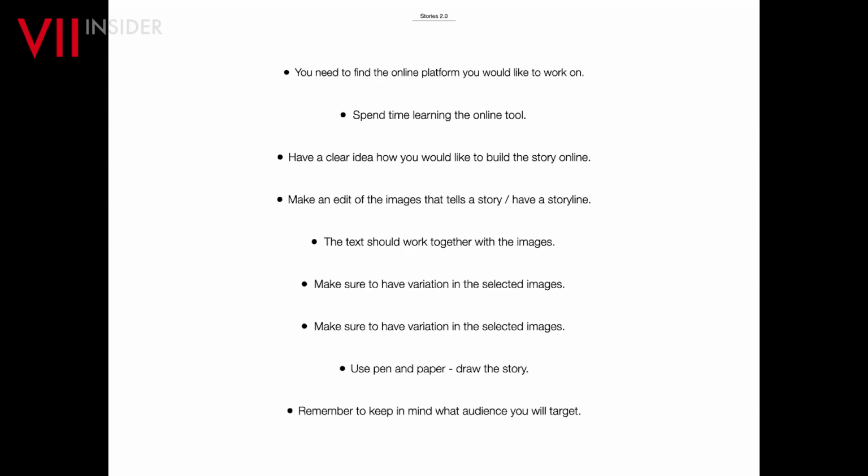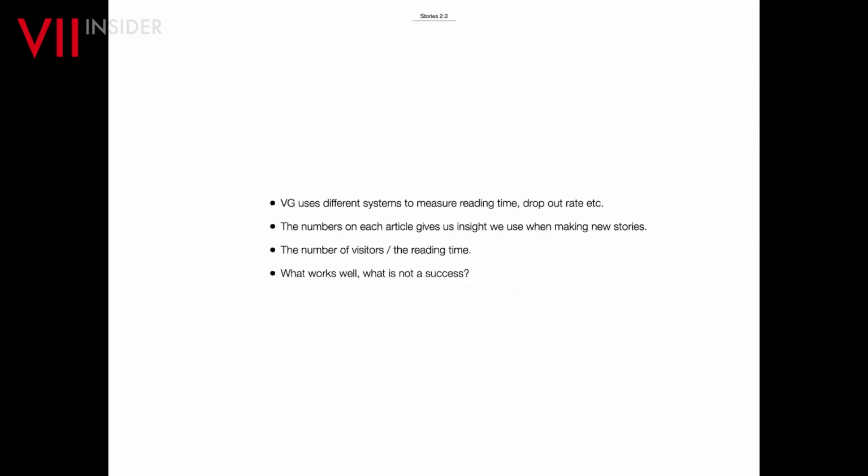And it's also good practice to see, do the story and the text work together with my pictures here? Is it a nice flow in the story? And there you can also check if you have a good variation, if you miss any pictures. So there are a lot of good things about using, let's say, WordPress or Squarespace to test your stories, to see if they work. And it's also a good way of learning how to photograph for an online feature.